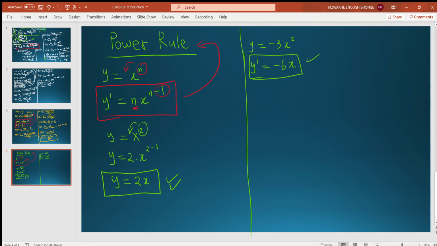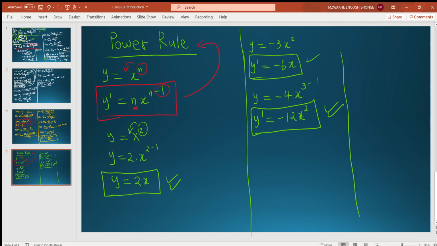Let's have y equals negative 4x to the exponent 3, for example. So this one you get y prime equals 3 multiplied by negative 4, which is negative 12x. 3 minus 1 is 2, so negative 12x squared. And this is your final answer. This is how you apply the power rule.